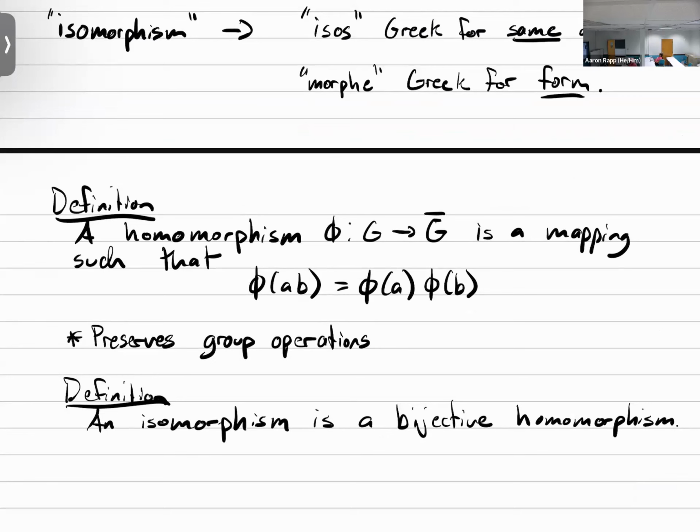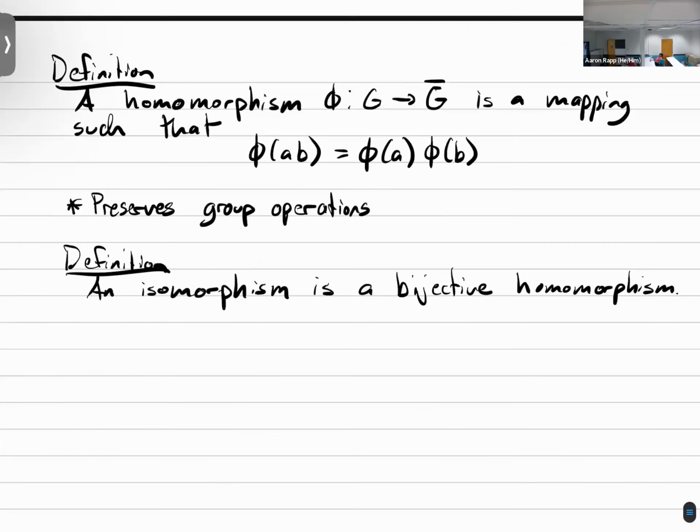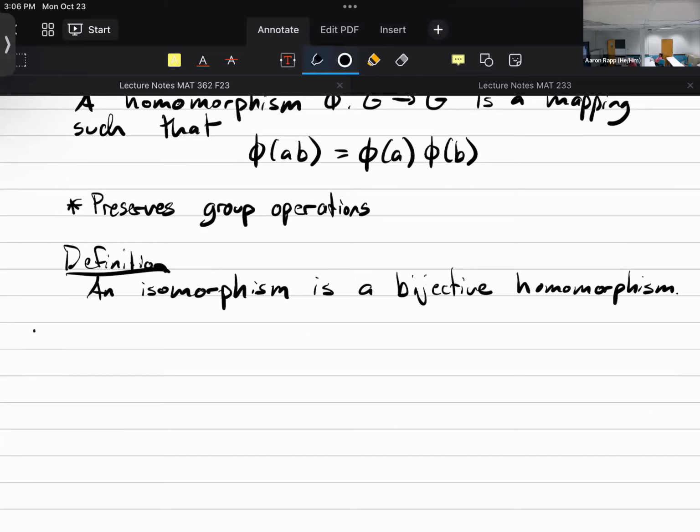So real quick, let's do some quick recollection. What does it mean to be a bijective function? One-to-one and onto.